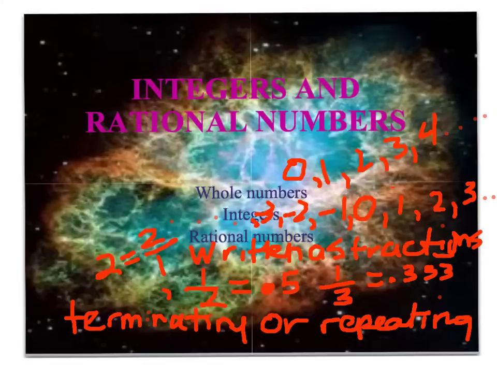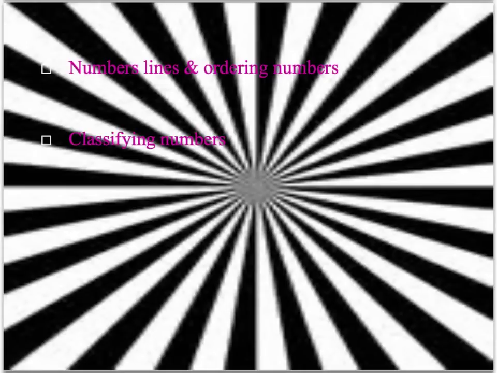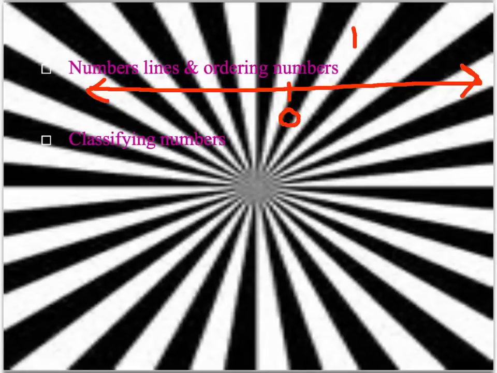Okay, let's switch slides. Alrighty. So, number lines and ordering numbers. You've probably all seen a number line where we have 0. To the right of our number line are our positive numbers, like 1, 2, 3, and to the left are our negative numbers, like -1, -2, -3.